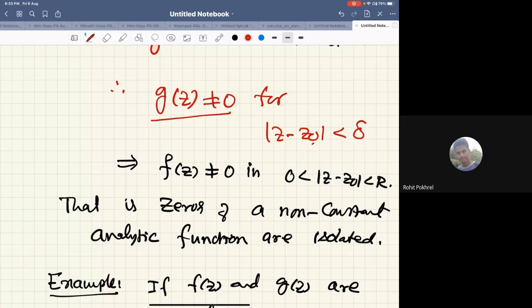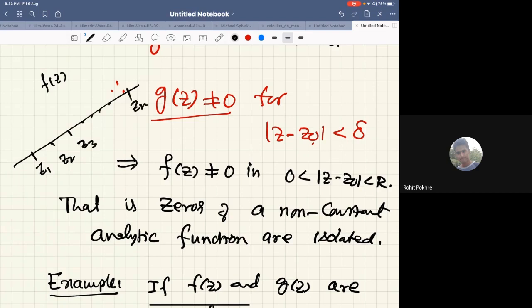What it means that zeros are isolated is, let me explain. Suppose I have a function f of z. Suppose it has one zero, obviously it's isolated. Suppose it has even infinitely many zeros, say z1, z2, z3, and so on, say zn, the zeros.